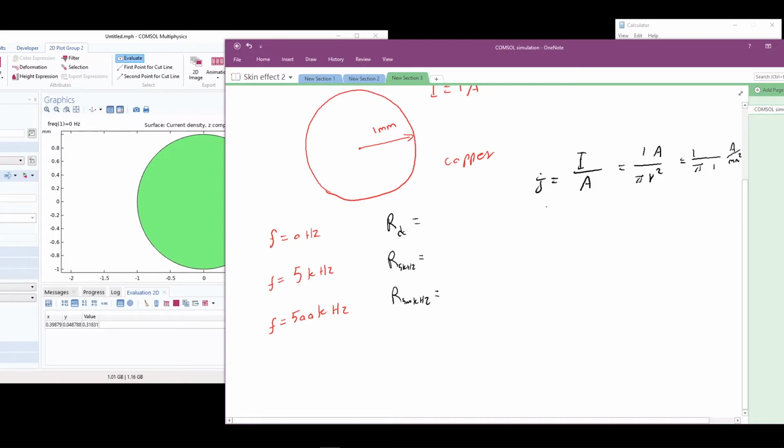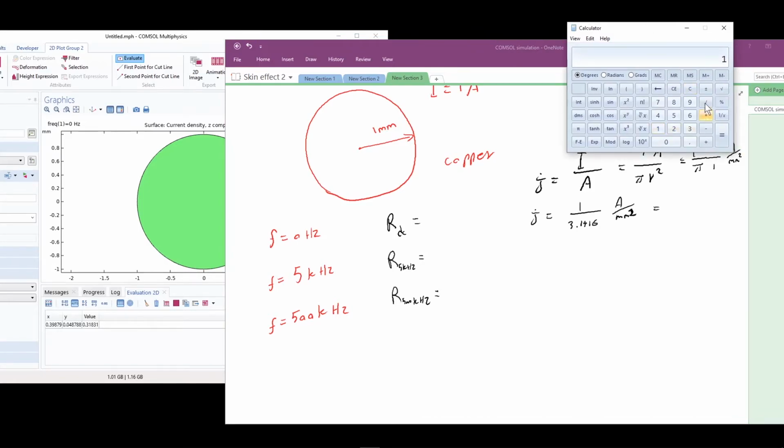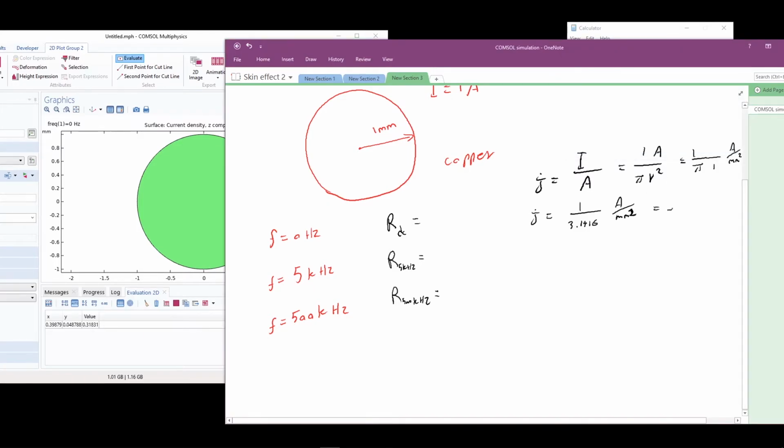So pi is 3.1416, so J will be basically 1 over 3.1416 ampere per square millimeter, not cube, which is equal to that number, I assume. 1 divided by 3.1416, this gives us 0.3183. So we got the same answer here.